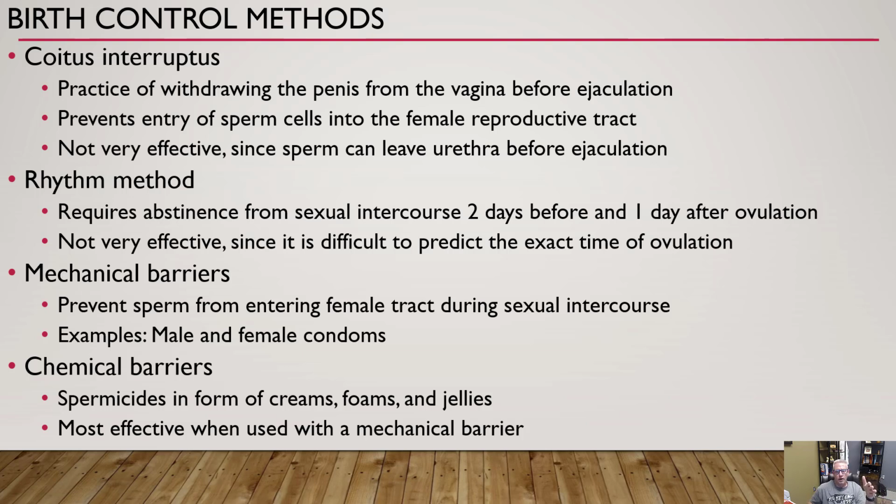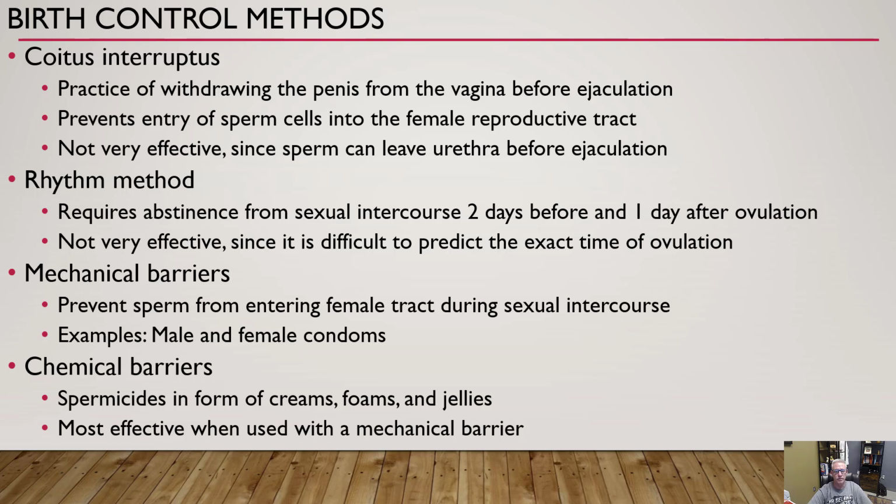So even if you do know the exact day, if you ovulate on the 10th and you had sex on the 5th, that sperm is still viable. Or if you ovulate on the 5th and you have sex on the 15th, you can still get pregnant. So you'd actually have to do the rhythm method for 10 days if you know the exact date that you're going to ovulate. So again, not very effective.